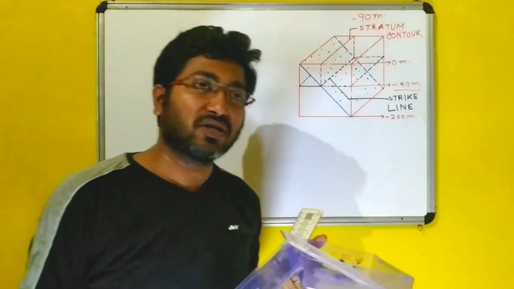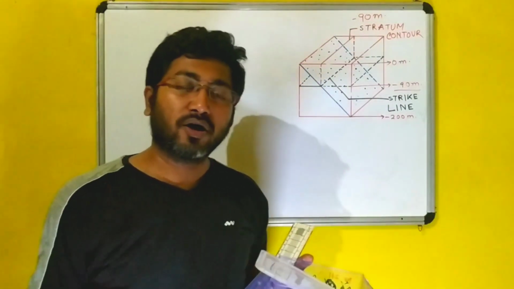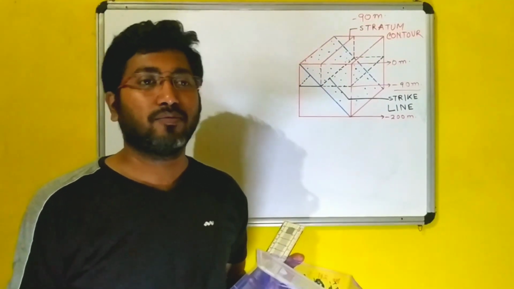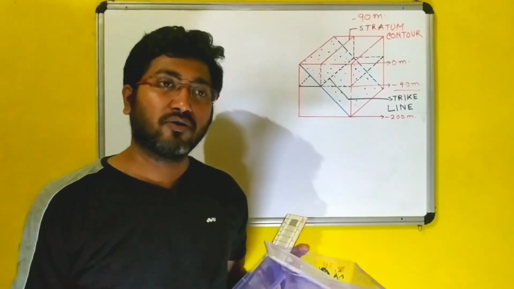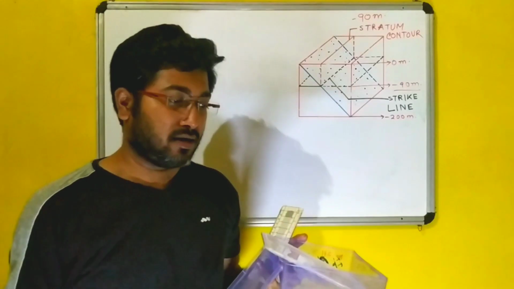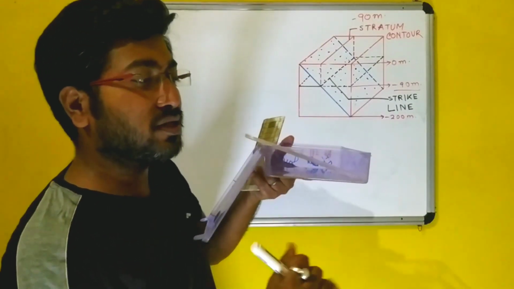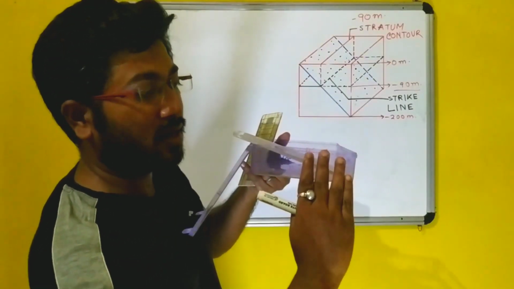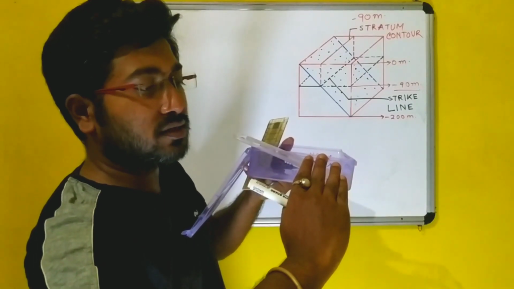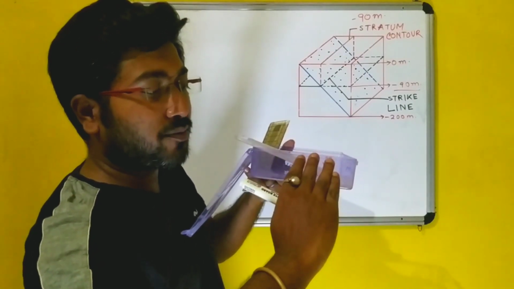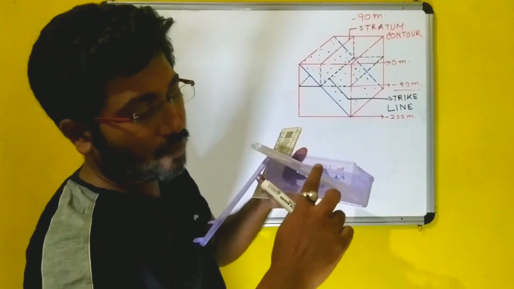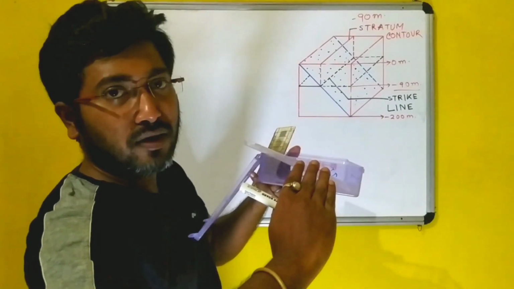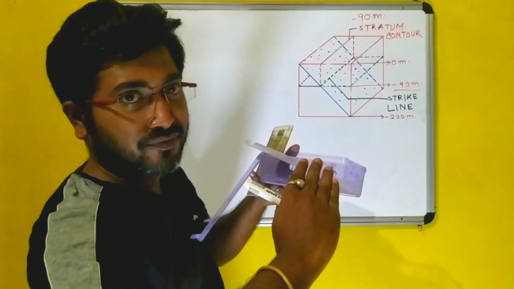So true dip definition is the dip or inclination of an inclined plane measured on a vertical plane perpendicular to the straight line. Measured on a vertical plane means this is one vertical plane. Suppose this one is one oblique plane. On that plane, if we measure the angle between these two, it will give a different result.